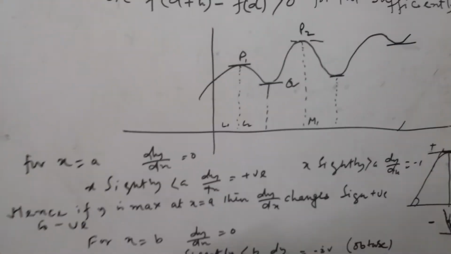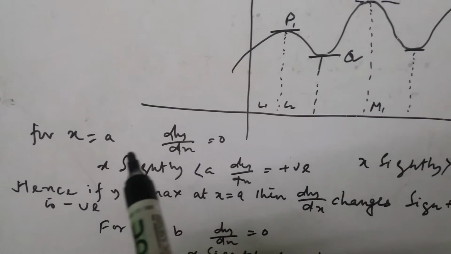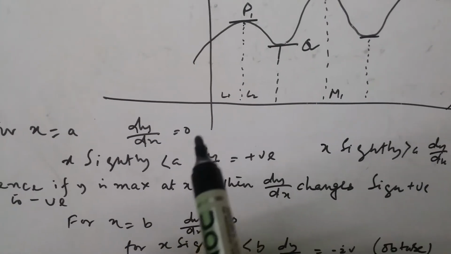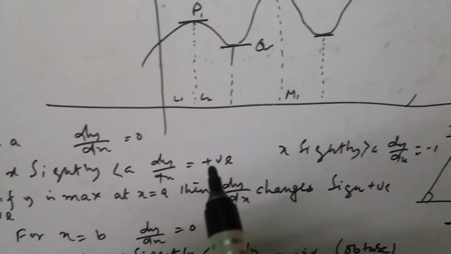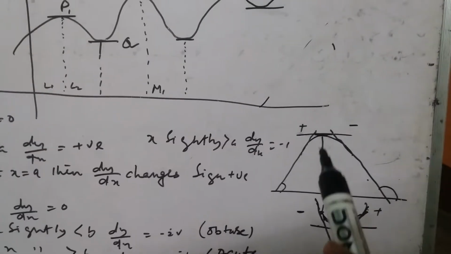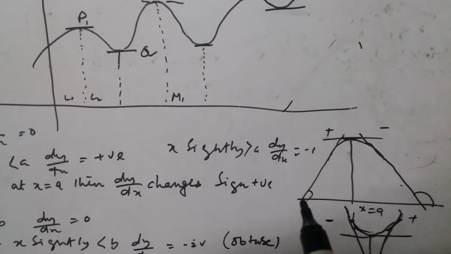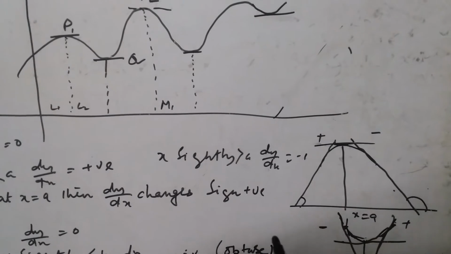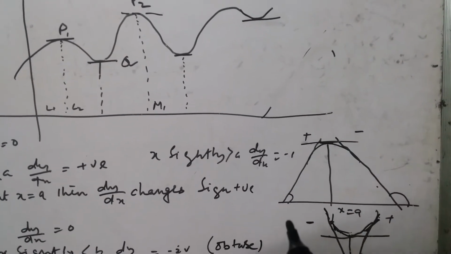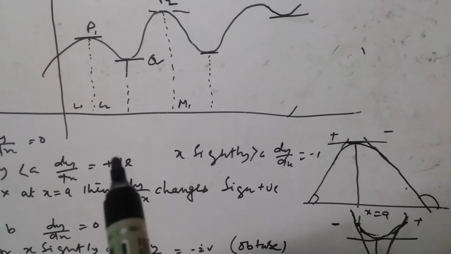So if x equal to a, dy by dx equal to 0, and x is slightly less than a, then dy by dx is positive. That is, the gradient of the tangent is an acute angle, and that's why it's greater than 0.